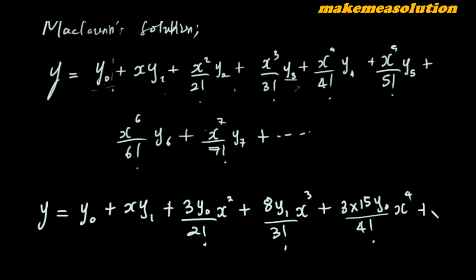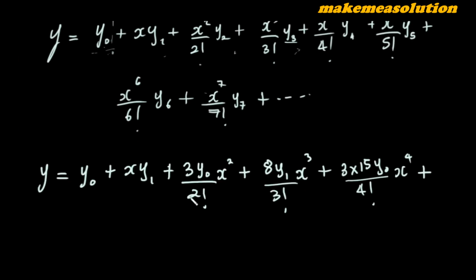I can actually guess what x5 will be. So x5 can be guessed from the value of x3. So x5 will be expressed in terms of what? y1, and I'll show you that I understand the pattern. So in x3 we had 8, right?